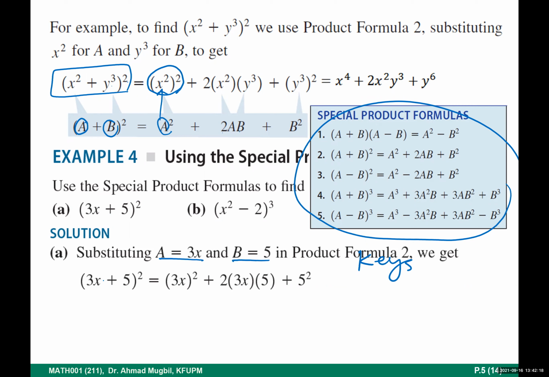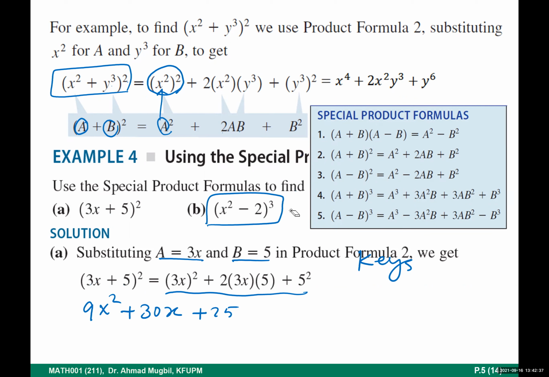So it will be directly 9x squared plus 30x plus 25. You can do it directly, or if you want to make sure about your steps, you can do this. Before going to B, I'd like to ask you which formula we will use for B. Number 5. You will use the wrong key if you use 3.